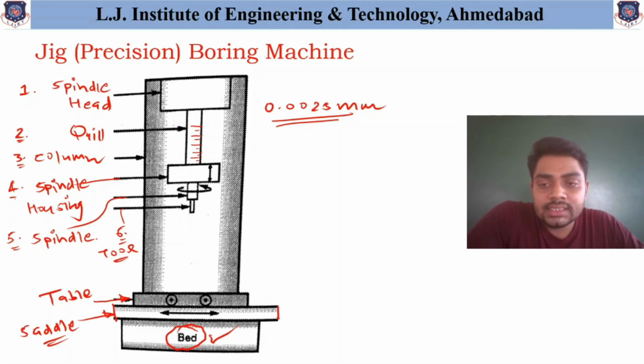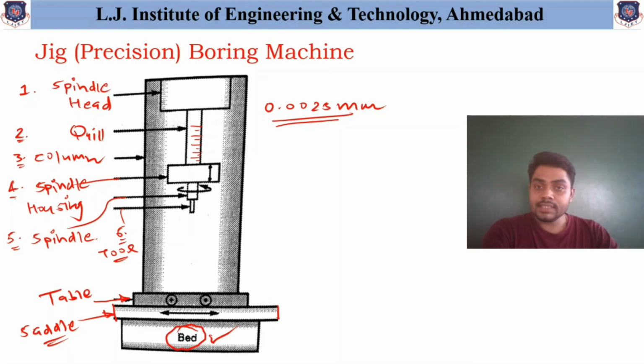So this is the main important advantage of this jig boring machine. I hope it is clear to you what the difference is between the horizontal, vertical and jig or precision boring machine. Keep in mind that the jig boring machine is many times also called the precision boring machine. That's why I am repeating this word again and again.